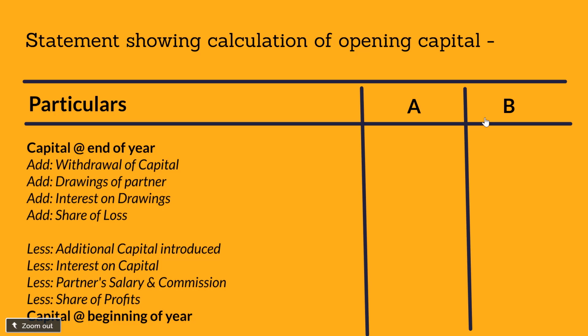Now on applying this formula, we will get the capital at the beginning of the year. So this is the statement which shows calculation of opening capital when the closing capital is given, assuming that the fluctuating capital method is being maintained.